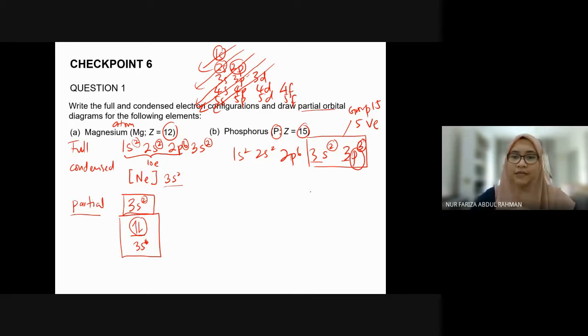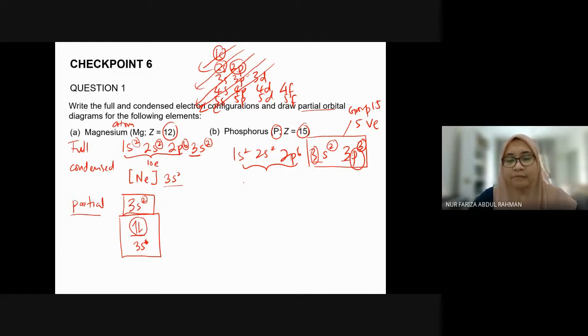So there is a lot of information that we can obtain from the electron configuration itself. Same goes to magnesium just now. For the condensed, same also. As you can see, both of them come from the same period. n is equal to 3, meaning they sit in period 3, row number 3 in the periodic table.